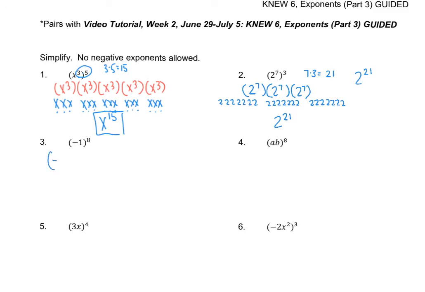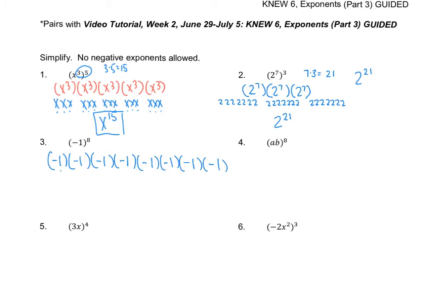Well, if I have negative 1 8 times, this is really just kind of testing whether you know your negative and your positive rules, because if you have a negative times a negative an even amount of times, is your answer going to be positive or negative?